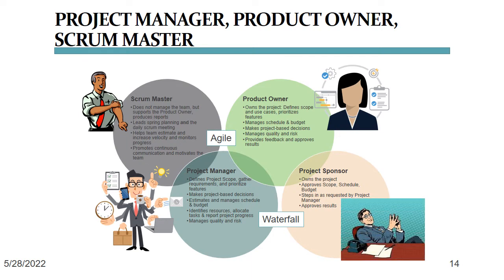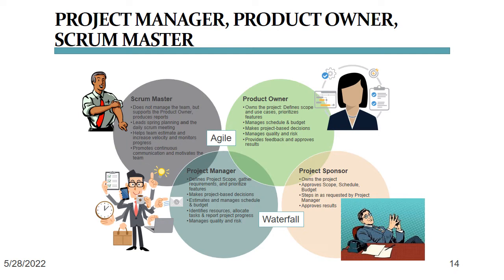The project sponsor in a waterfall context owns the waterfall project. The project sponsor is responsible for approving everything, and in that, the project sponsor is partly akin to the product owner. The project sponsor approves the schedule, scope, budget, and any changes to that.